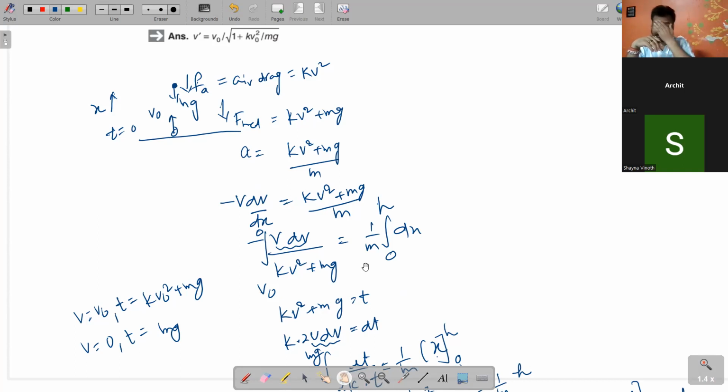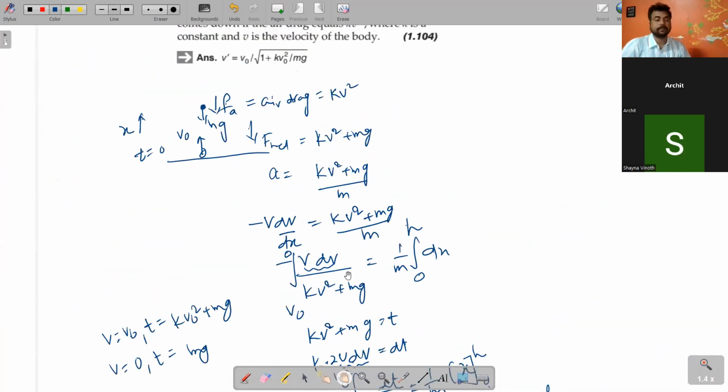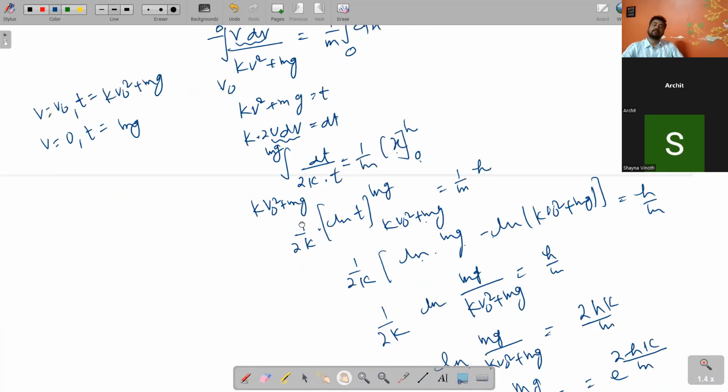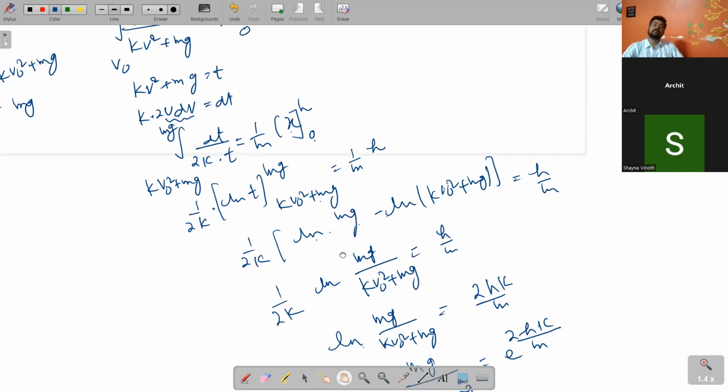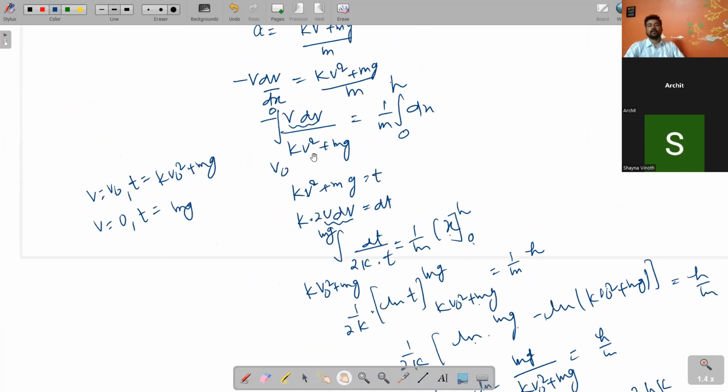Can you explain the part before the integration? How did you get kv square plus mg equals t? See, now the variable is v.